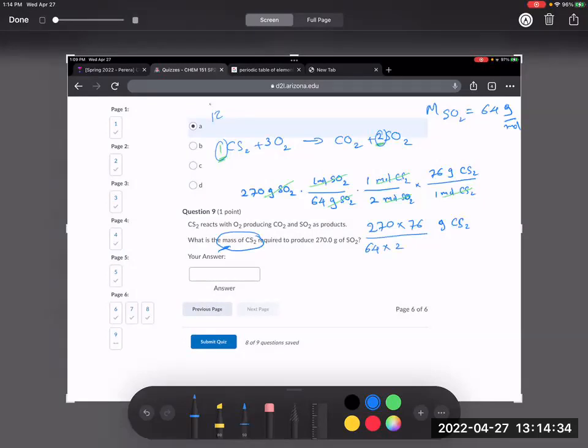If you do this calculation in your calculator, let's see what I'm going to get here. 270 times 76 divided by 64 times 2 is 160.3. I get 160.3 as my answer.